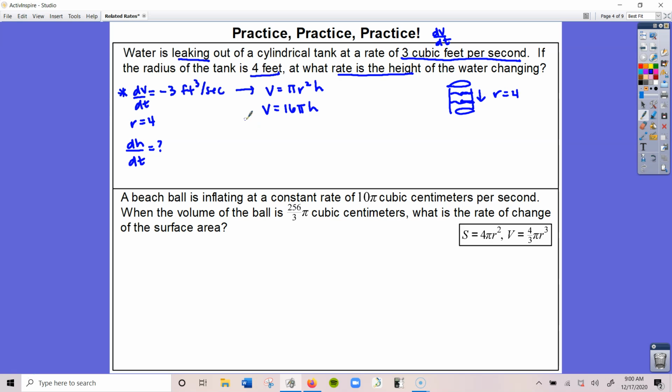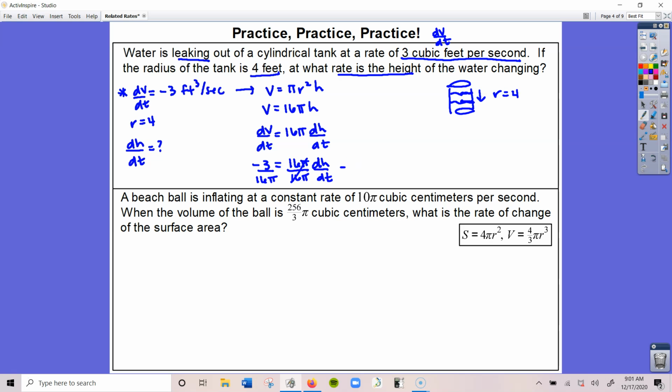And now we can differentiate. So dV/dt is equal to 16 pi times dH/dt. We are given dV/dt, which is -3, is equal to 16 pi dH/dt. And to solve for dH/dt, we would divide by 16 pi.